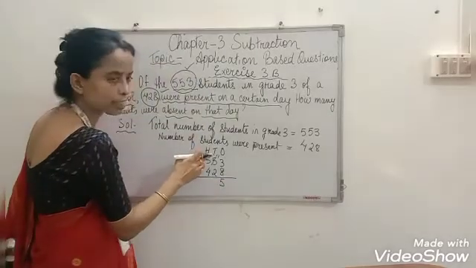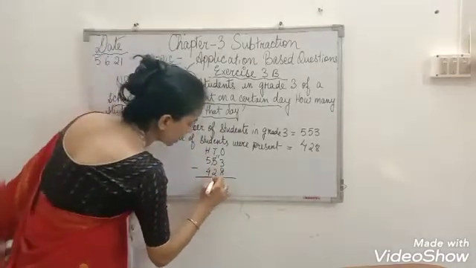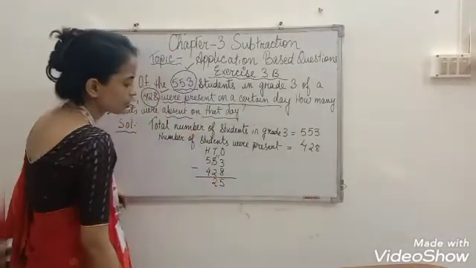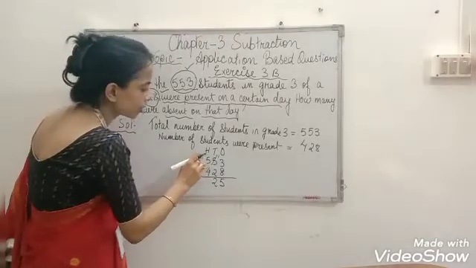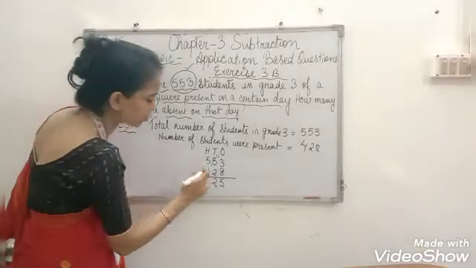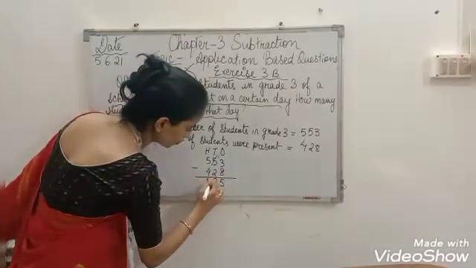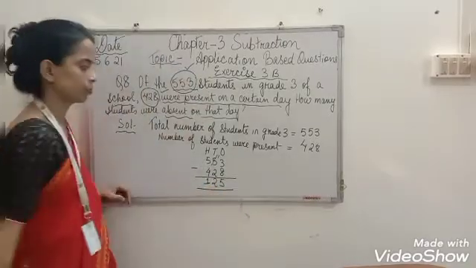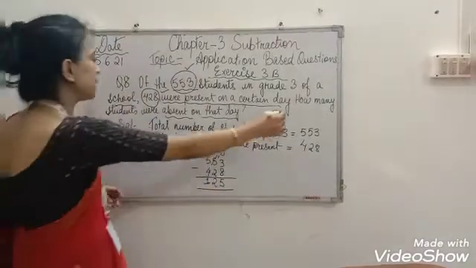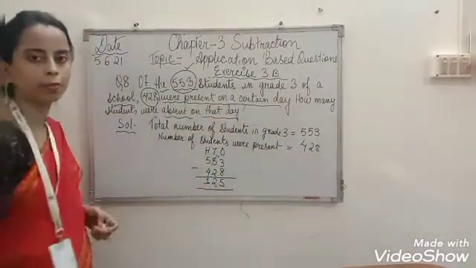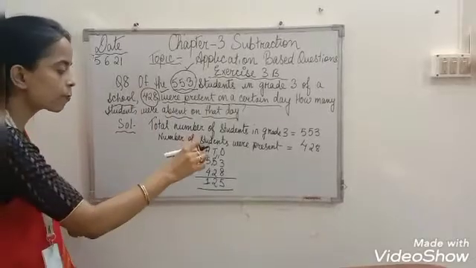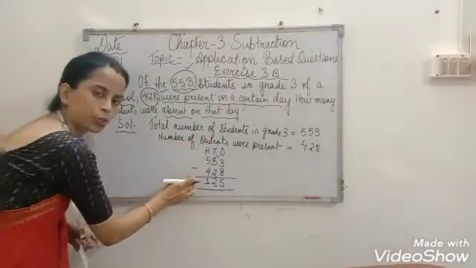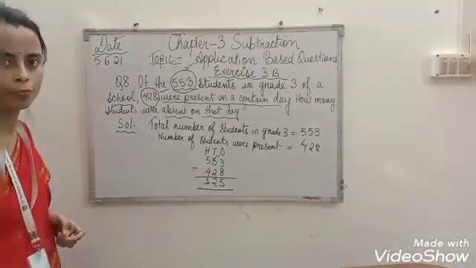How much is left in the tens place? 4. 4 minus 2 is 2. Then come to the hundreds place. 5 minus 4 is 1. So how many students were absent on that day? 125 students were absent.